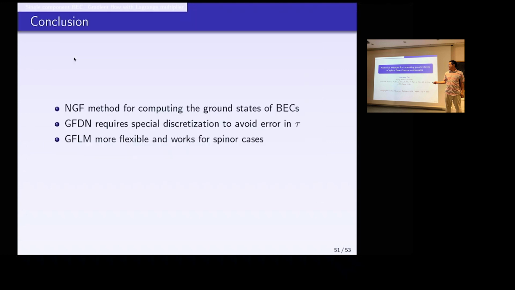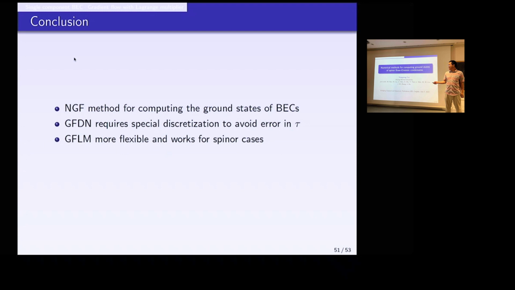Okay, I think this is the final slide of my talk. So to conclude, here we introduce a normalized gradient flow approach to compute the ground states. In particular, the classical way to do it, you have to use a very special discretization to avoid artificial error in the time step tau.